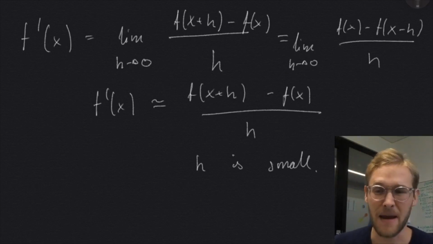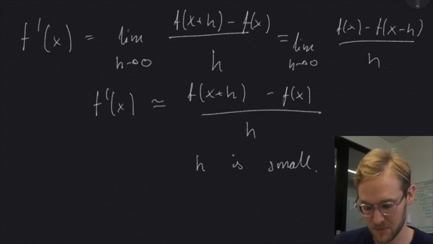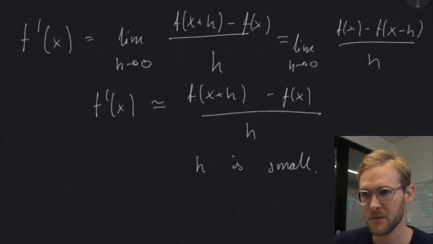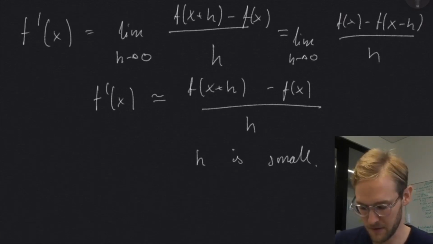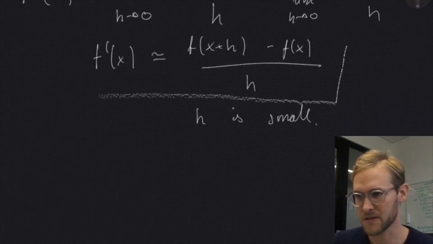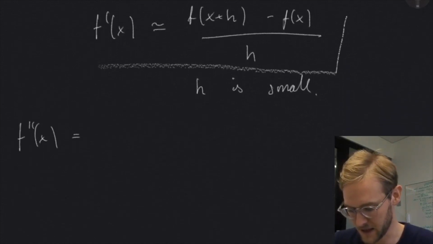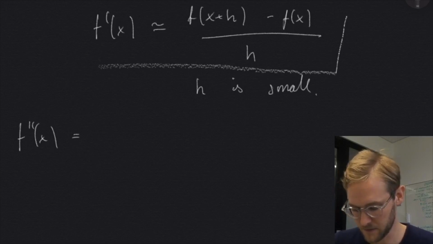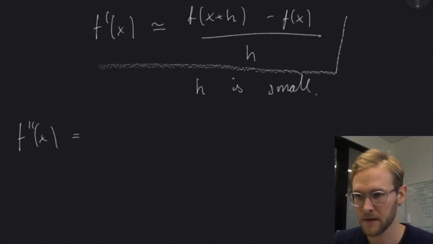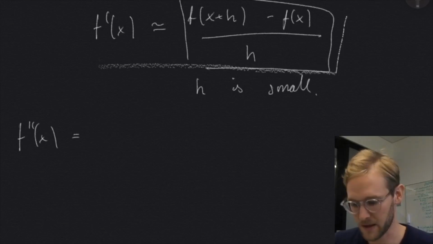Those should be the same as h approaches the infinitesimal limit, right? So now we'll apply this approximation again to represent the second derivative. So we have f double derivative of x, which will be first this guy, and then we'll go backwards.